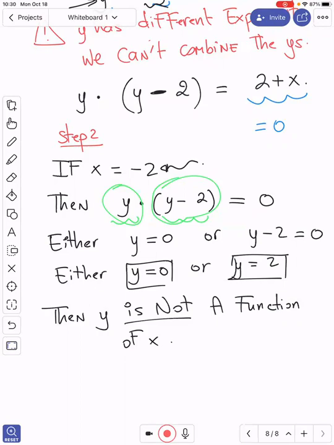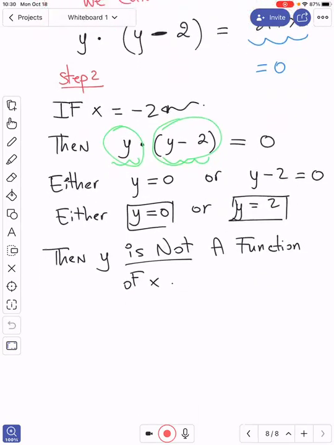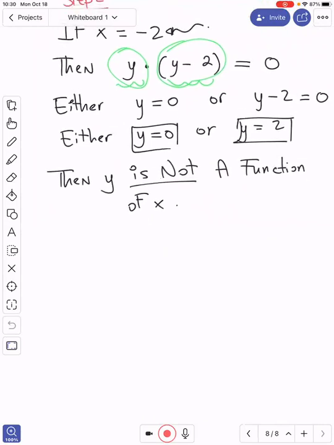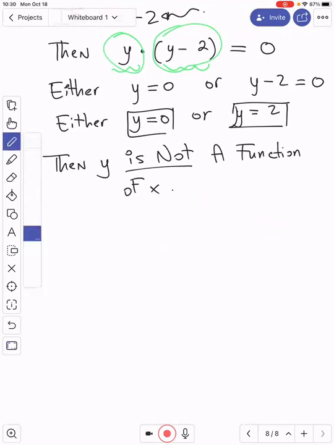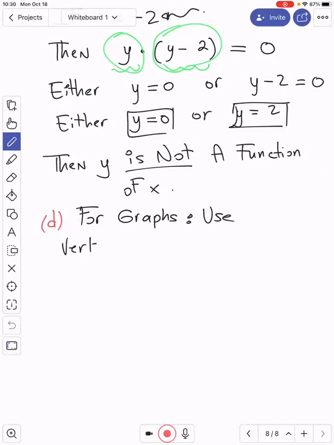So for D, a couple of words about D. Guys, when you have a graph and you want to determine if the graph represents a function or not, you have to use the vertical line test. Let me just remind you here: for graphs, you need to use the vertical line test to determine whether y is a function of x.